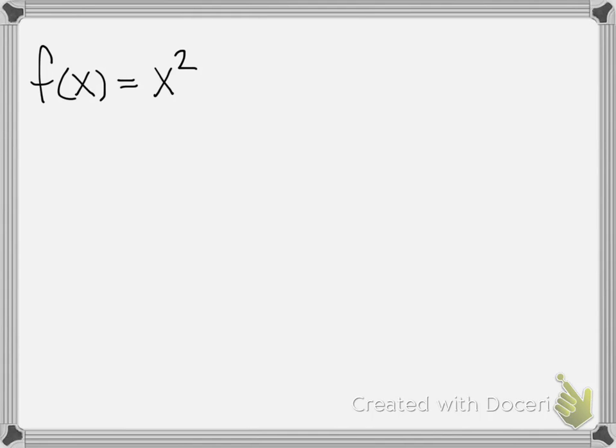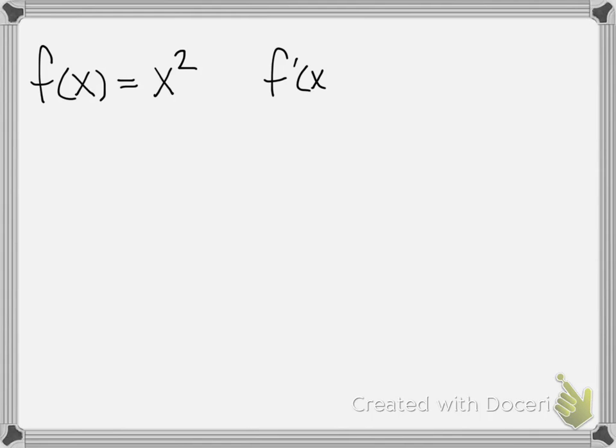Okay, so we're going to do x squared, but we're going to be taking the limit definition of that derivative, so go ahead and write it out beside it so that we can see what we're doing.